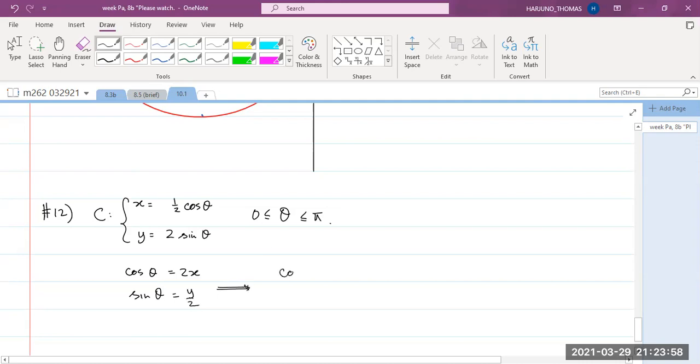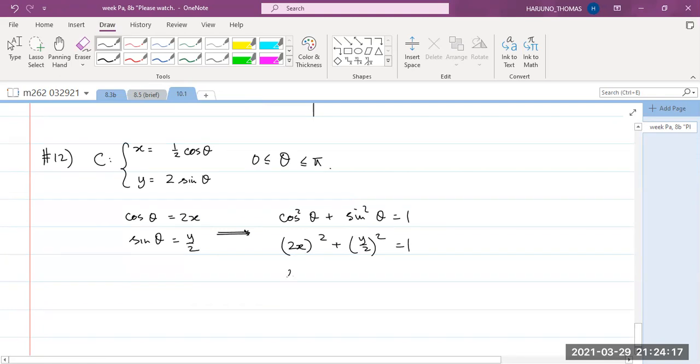So cosine squared theta plus sine squared theta, we know is supposed to be 1, right? So 2x squared plus y over 2 squared equals 1. That's 4x squared plus y squared over 4 equals 1. Can you sketch the graph?